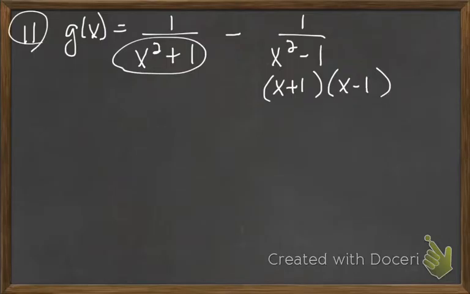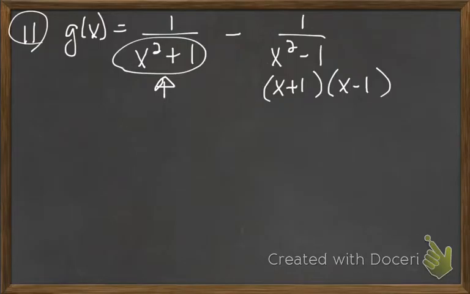Okay, now let's go back to this first factor. What can you square and add to 1 that will give you 0? Negative 1? What's negative 1 times negative 1? 1, and what's 1 plus 1? 2.